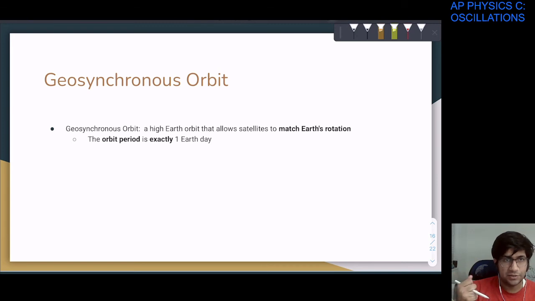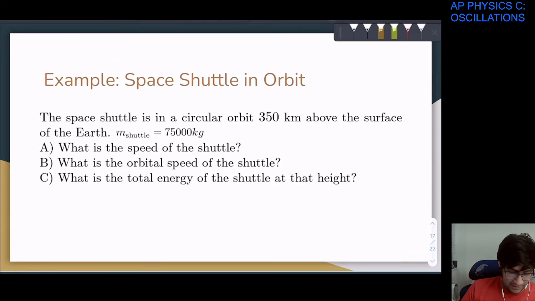And that's called a geosynchronous orbit. You can see geo and synchronous. So yeah, we're going to look at a problem now, and in the next part, part D, we'll have geosynchronous orbits.